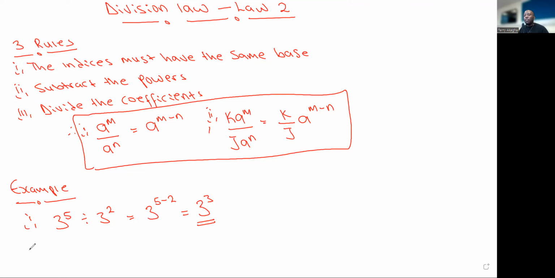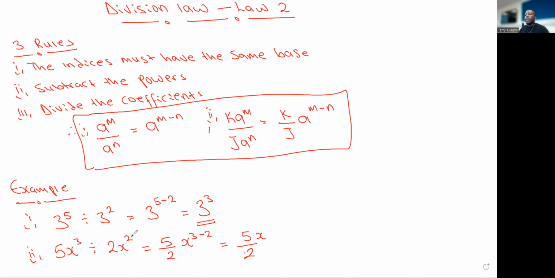But if they have coefficients, so for example, we have 5x raised to power 3 divided by, let's say, 2x raised to power 2, then it's going to be 5 over 2, because they have coefficients, you divide the coefficients.